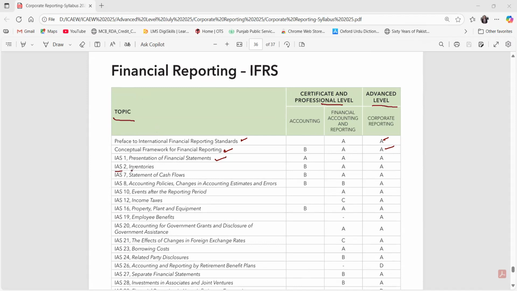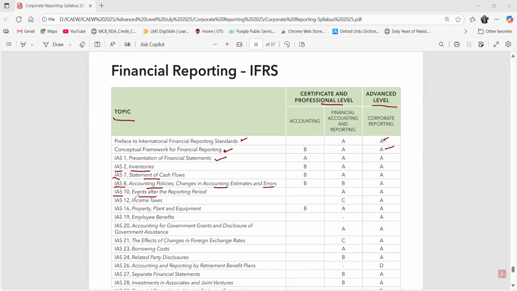IAS 2, that we know, is basically about inventories. What is inventory? How do we record the inventory, initial recognition, and so on. IAS 7, statement of cash flows. IAS 8, accounting policies, changes in accounting estimates and errors. IAS 10, events after the reporting period.